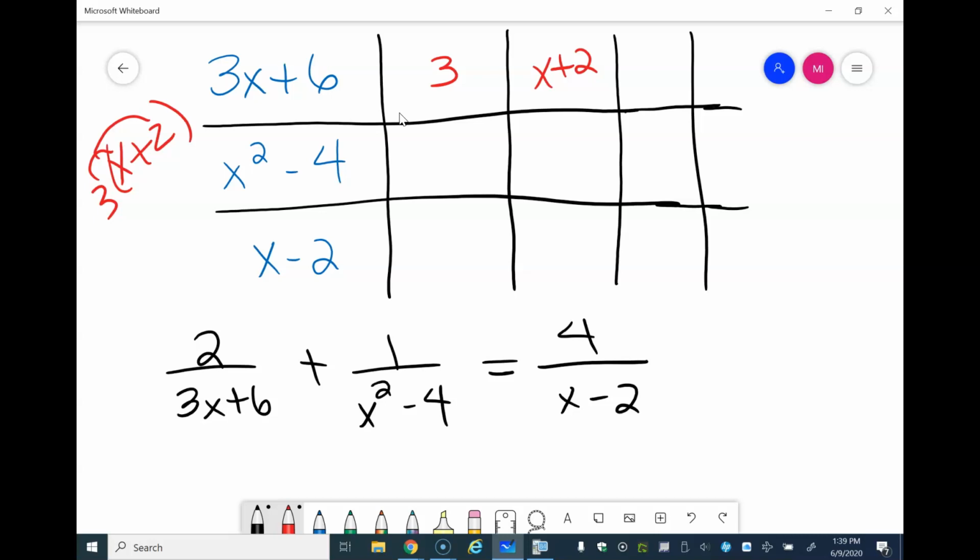Here I have what's called a difference of squares. If I have a difference of squares, the rule is I can write my two parentheses. I take the square root of the first term, that gives me x and x.